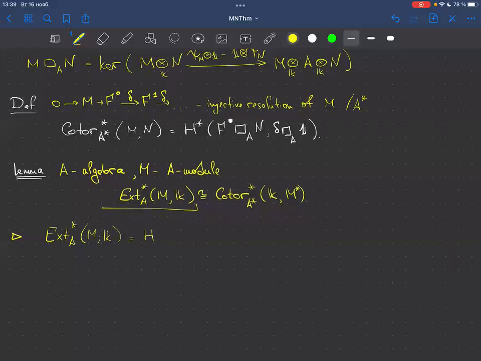Yes, so it is the cohomology of the Hom complex, Hom over A from P star to K. I hope it is clear.